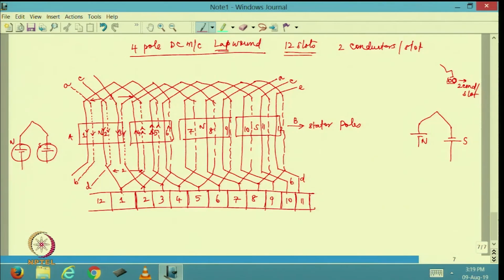So if I am connecting commutator segment 1 like this, let me look for where both conductors are carrying the current in either downward direction or upward direction. Please see here, this is carrying current in upward direction, this is also carrying current in upward direction. So I am going to connect one brush here. So the brush is going to carry current in upward direction. So if there is a brush here, I will also have a brush here.